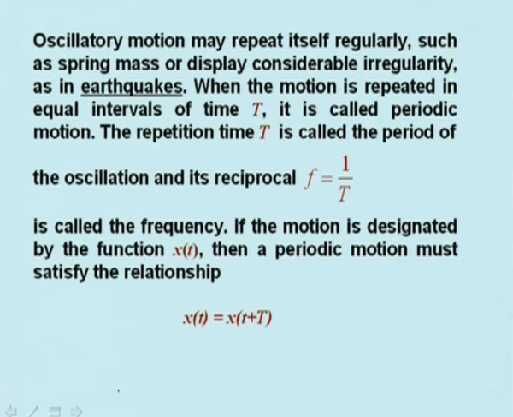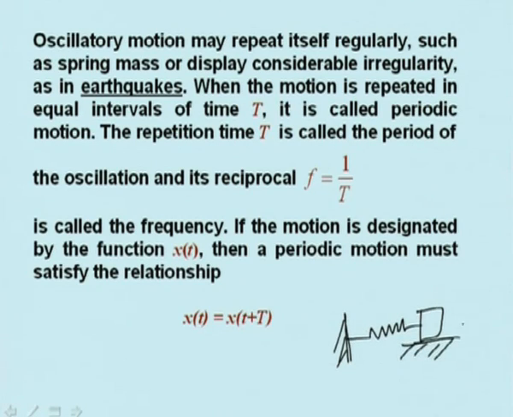Oscillatory motions may repeat themselves regularly. Suppose you have forced vibration, such as a spring mass, or even in free vibration you have a spring mass system, it may repeat regularly.